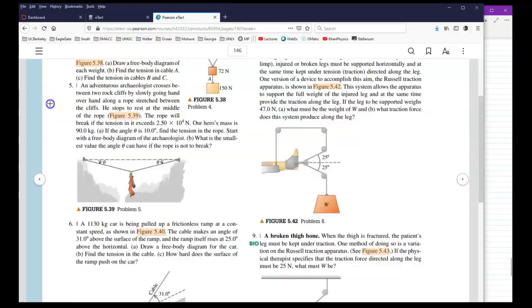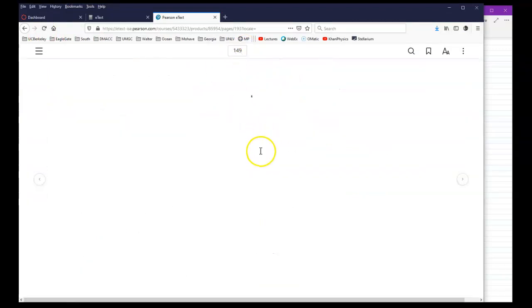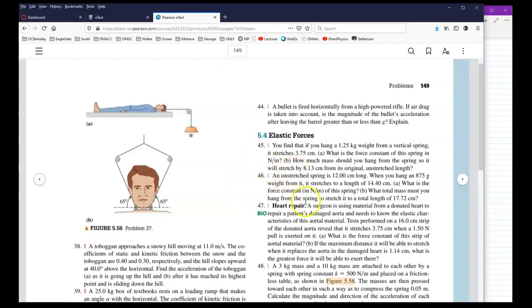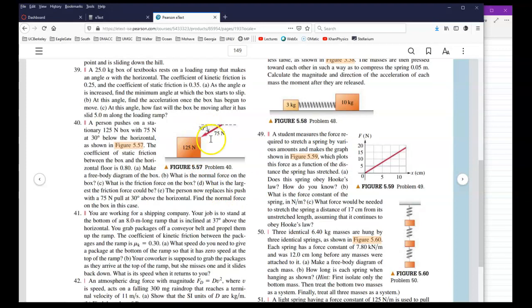Page 149. This is 149. Right there. Okay, you see this right here? It's a long problem, but it's not bad.